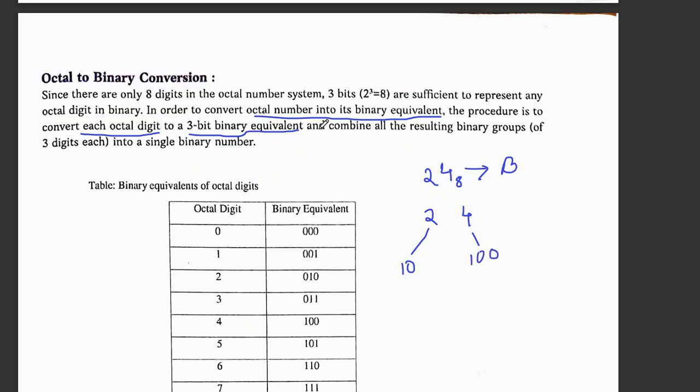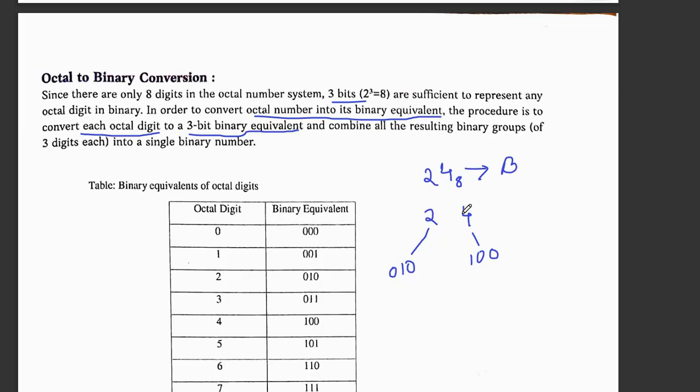But we know that we need 3 bits. Okay? We need 3-bit binary equivalent for each digit. So here we have only 2 digits, right? So we need to add 10 before it so that we get 3 digits here.